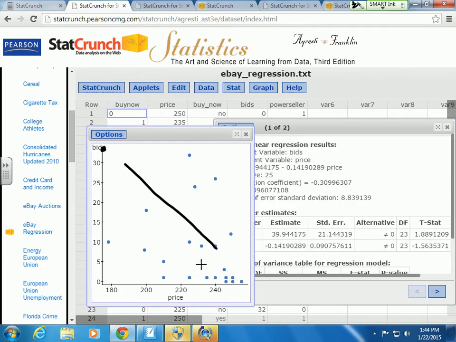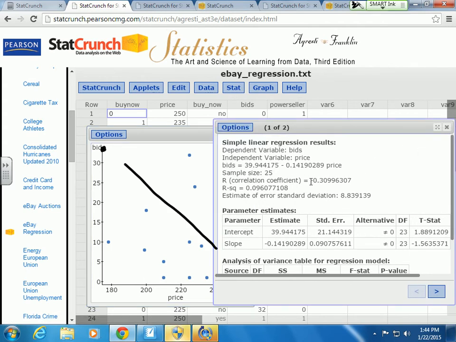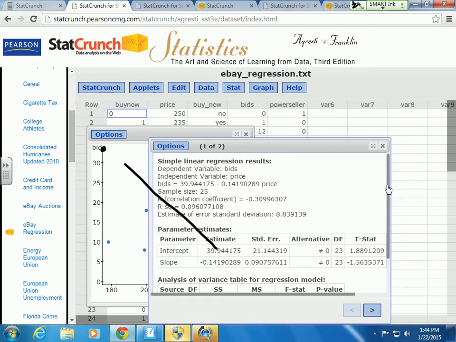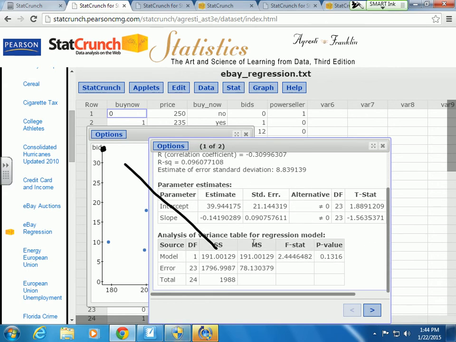If you look at this data, you might not have even thought it had a negative trend. In fact, I would have thought maybe it had a positive trend. Remember that the correlation coefficient, which is right here, was negative. So it did have a negative trend, though fairly weak. And you go here and look at this p-value, you can see this p-value is bigger. That means you should not fit a line to this data.